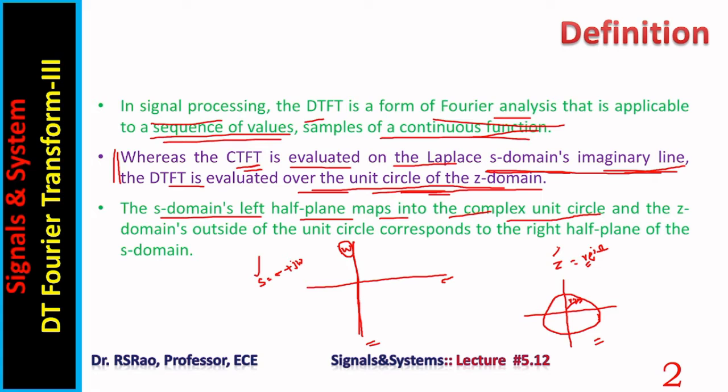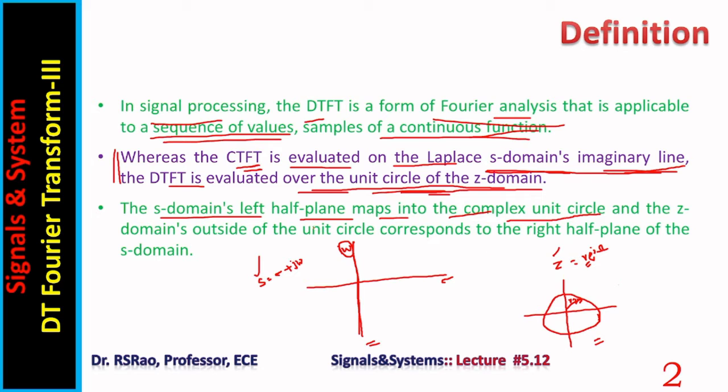Of course, S is the transform variable of the Laplace transform, whereas Z is the transform variable of the Z transform. One works on continuous time signals, whereas the other one works on discrete time sequences. Even though this difference is there, there is an underlying unity of the basic idea between S and Z planes.